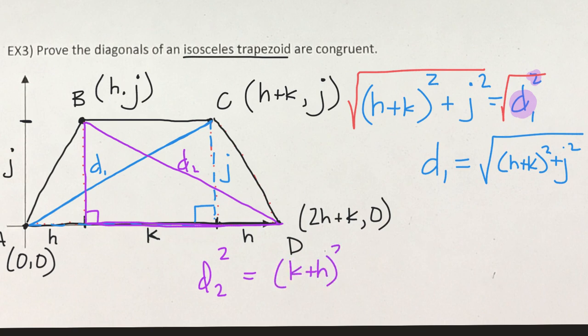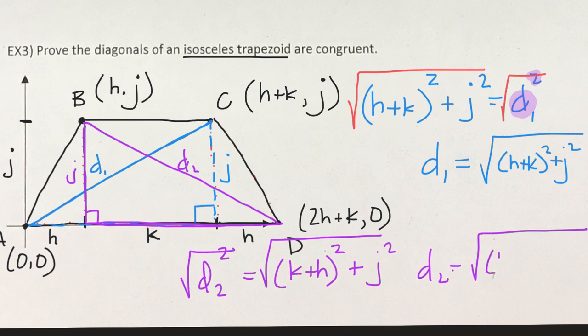K plus h squared plus my vertical side is j. So then I solve by taking the square root of both sides, and I get d sub 2 is the square root of k plus h quantity squared plus j squared.